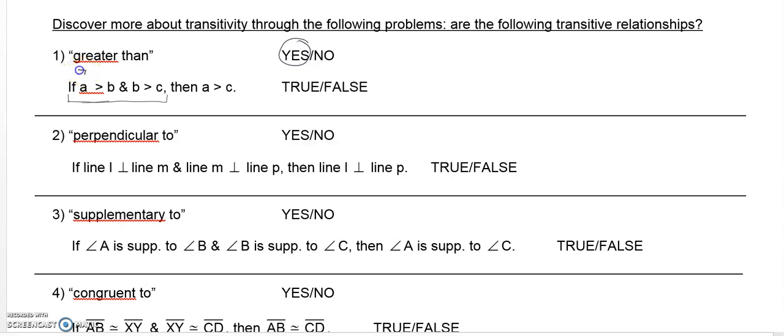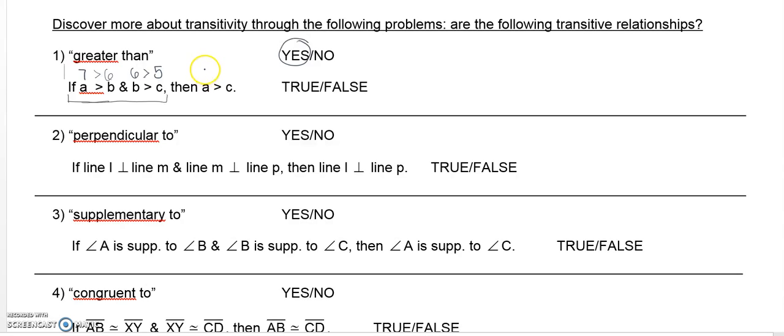So let's just say that A is 7 and B is 6, because this makes this first statement true, right? 7 is greater than 6. Because we've identified B as 6, B has to be greater than C, or any value, let's say 5.